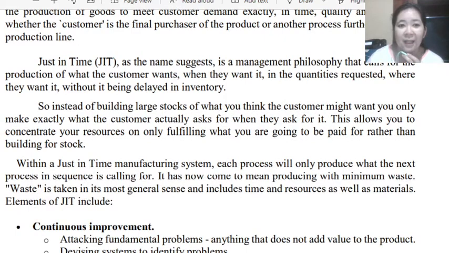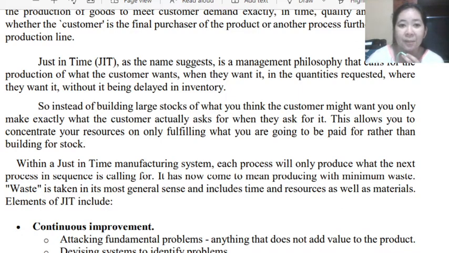Within a just-in-time manufacturing system, each process will only produce what the next process in sequence is calling for. It has now come to mean producing with minimum waste. Because they are only producing what is requested, it should be produced and finished at the time allotted for them.